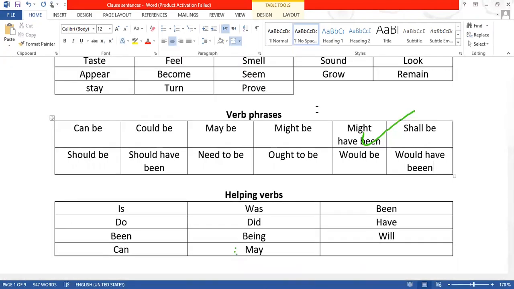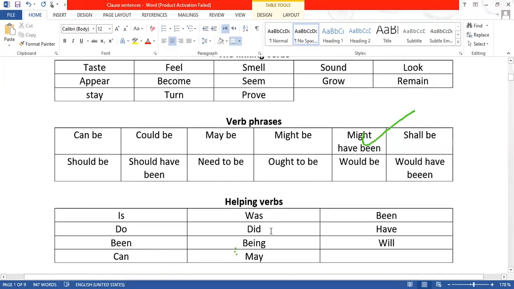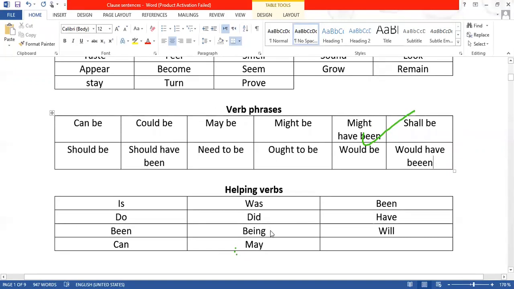And then if you see these helping verbs, you already know. Now, this helping verb does not have any meaning, remember. It just tells us which kind of tense it is.